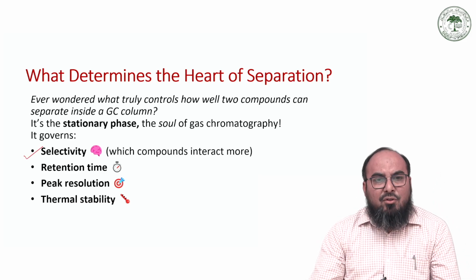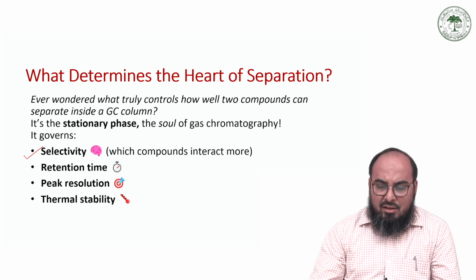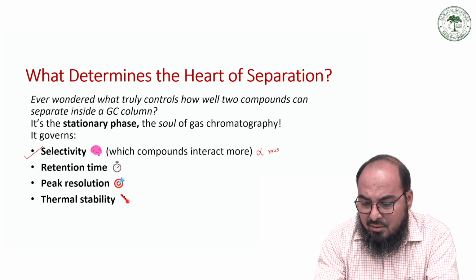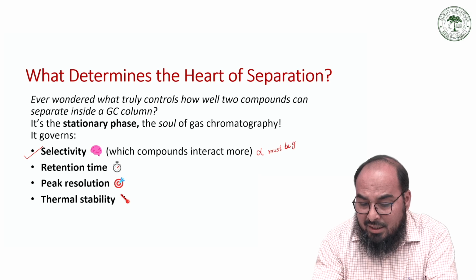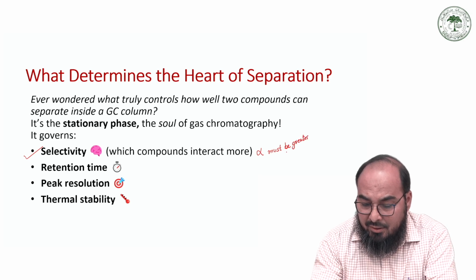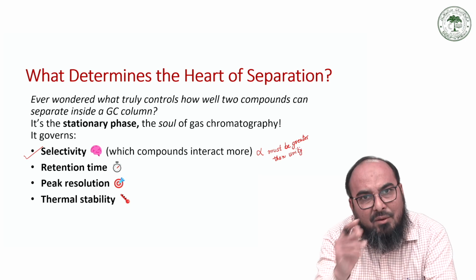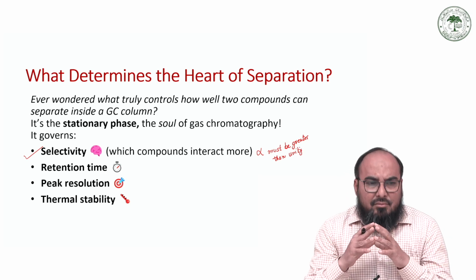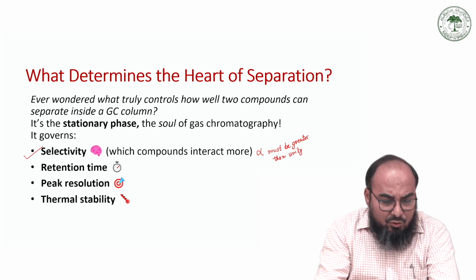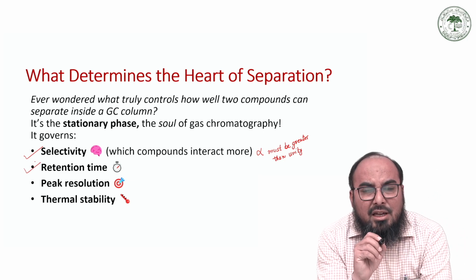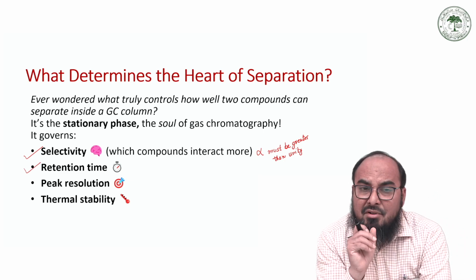So what we have to look for is selectivity, that is, the value of alpha. Alpha must be greater than unity. Similarly, we have to think of retention time, which is again tricky.